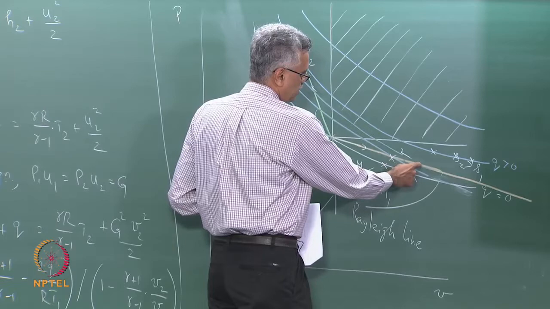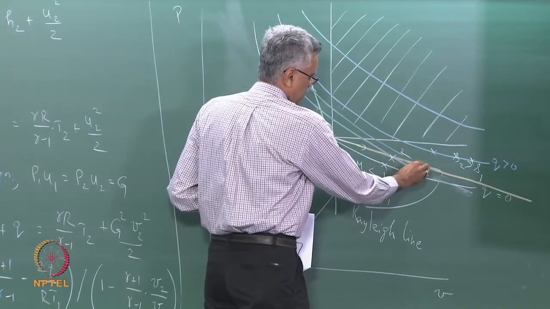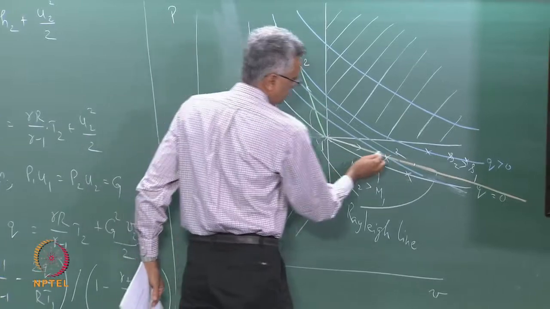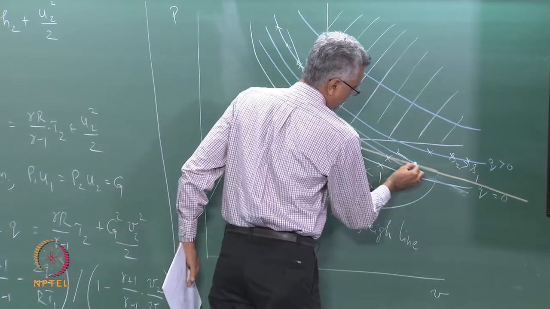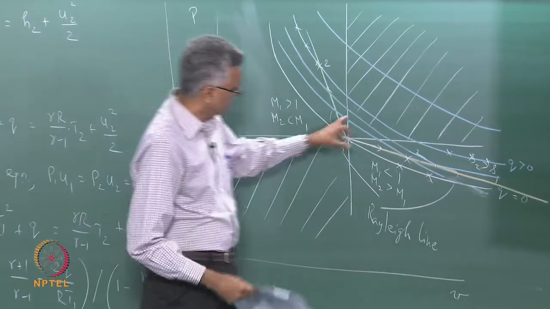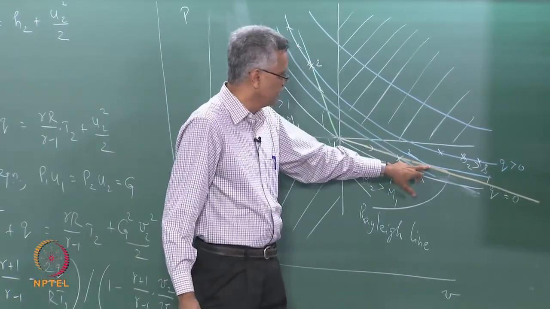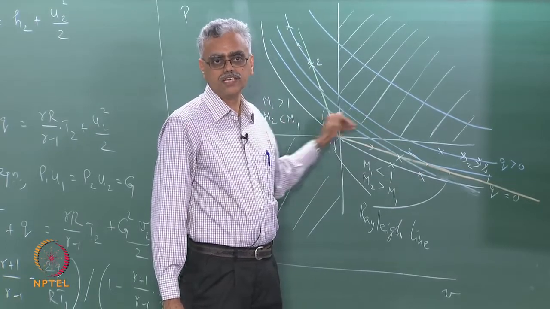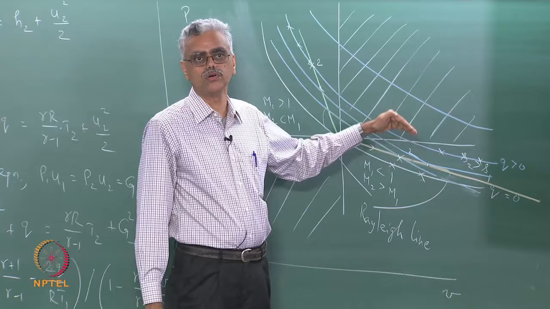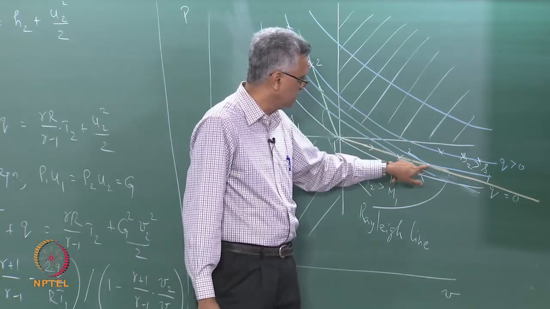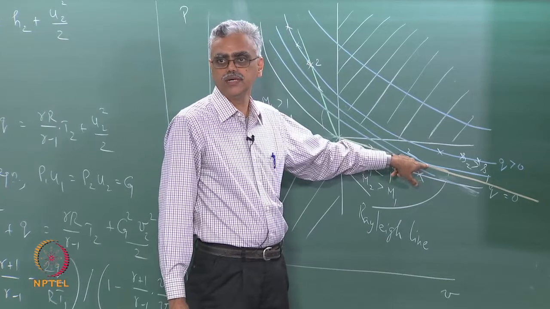So at some point, I can see easily that there is an H curve for which the Rayleigh line is tangential. As I keep going further and further down, as I add more and more heat, there is going to be one H curve such that the Rayleigh line is tangential at that point.